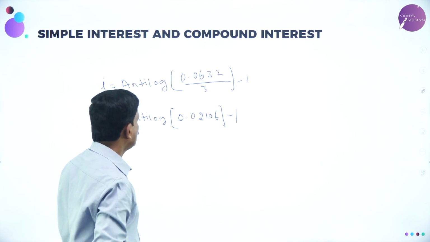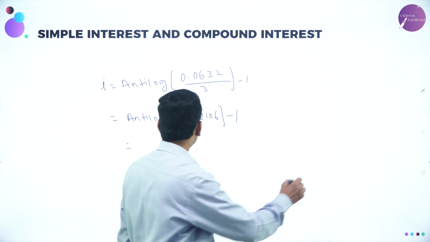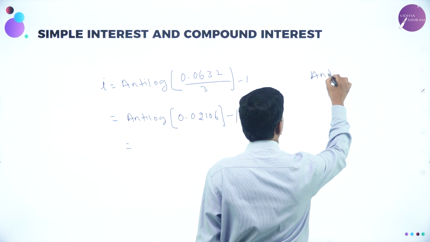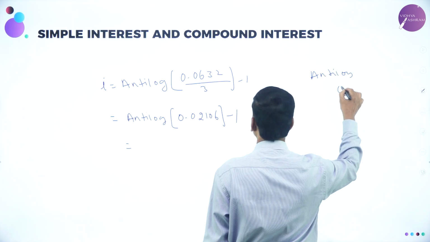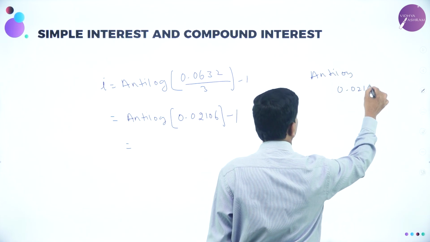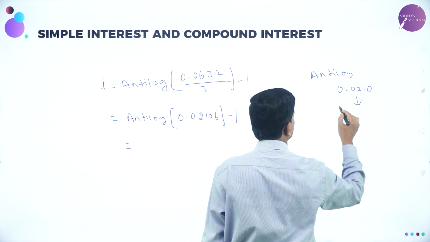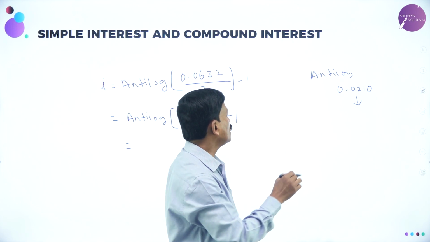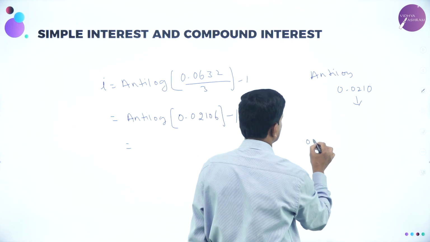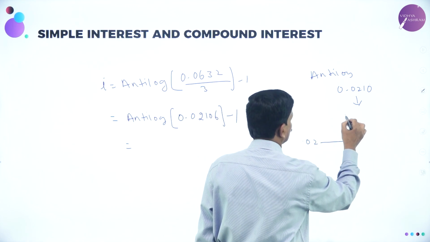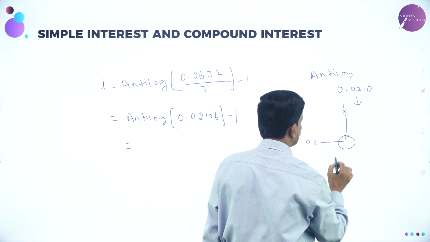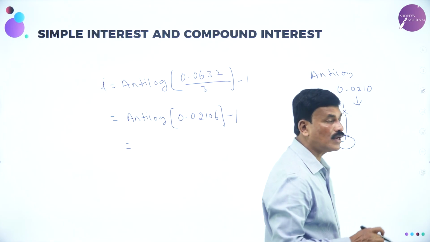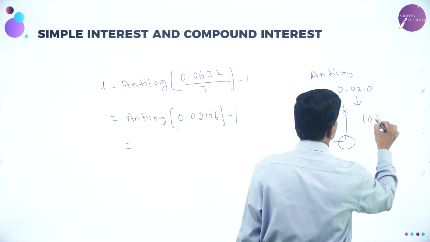The anti-logarithm of this is equal to, now the anti-log of 0.0210. So you are going to get, so the anti-logarithm starts from 0.02 at 1, mean difference is 0. So you are going to get 1050.